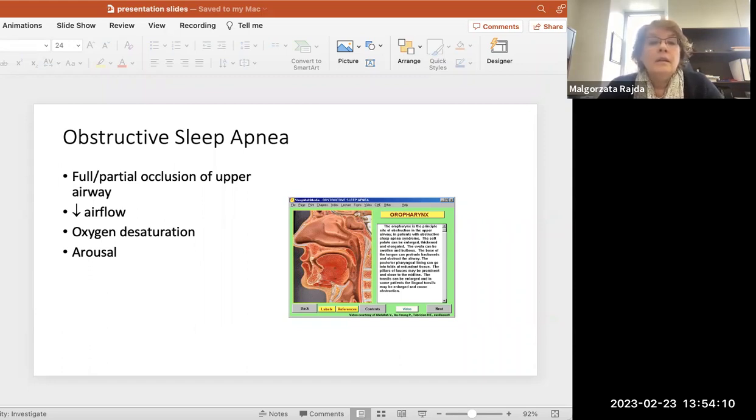It is a closure, either full or partial, of the upper airway, which leads to decreased or absent airflow. And in consequence, it causes a drop in oxygen saturation and arousal, because the patient has to wake up, the sleep is interrupted, so that the muscle tone can return, and the airway will open.